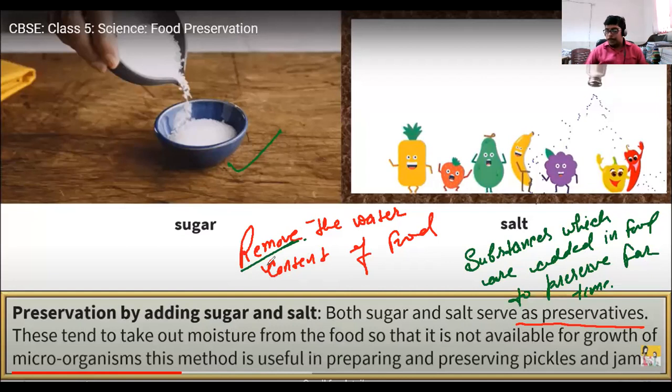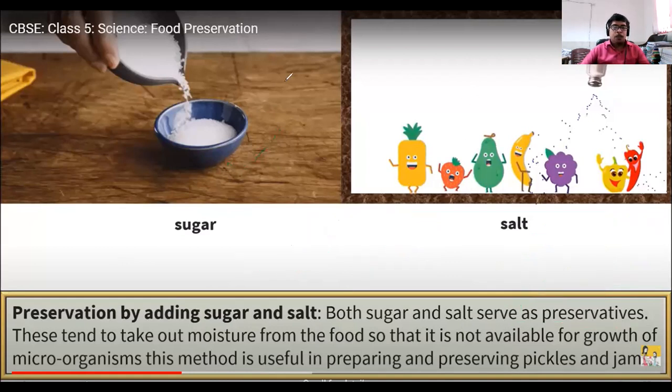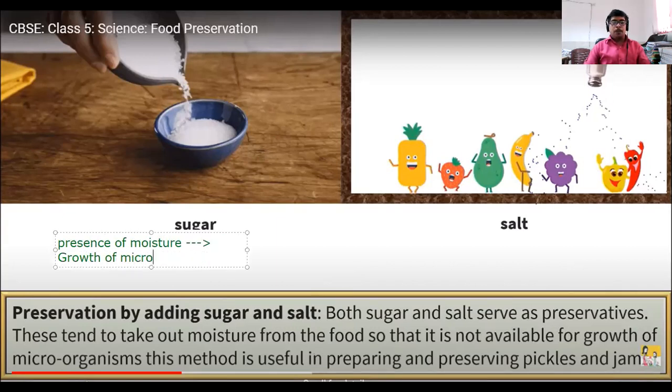Now, in my previous class I have already told you that food gets spoiled due to the presence of moisture, which leads to the growth of microorganisms.